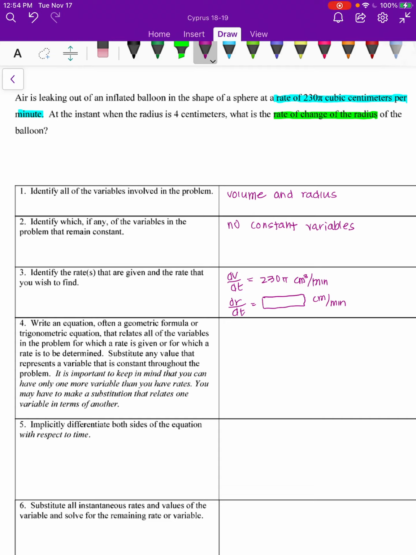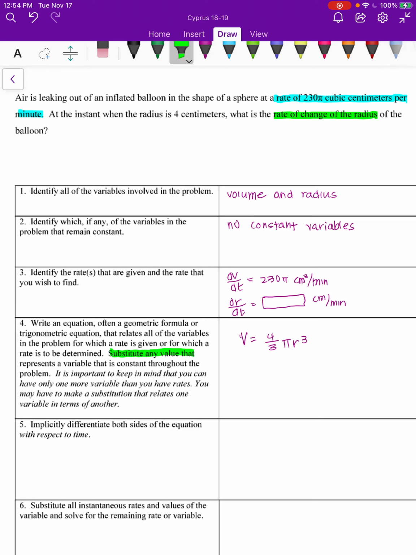We're looking at the volume of a balloon, which we're going to just treat as a sphere. So the volume for this balloon is 4/3 pi r cubed. And this equation has V and R in it. So I will be able to use this one to find out what dr dt is.